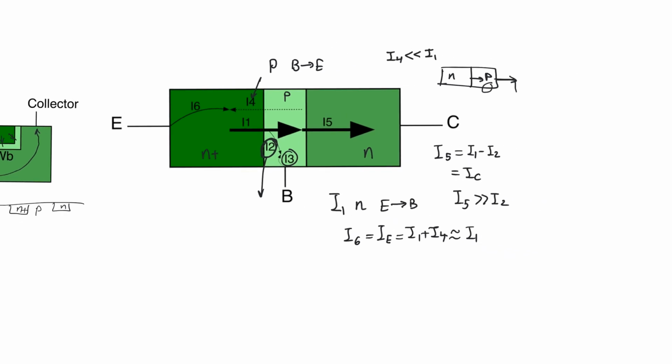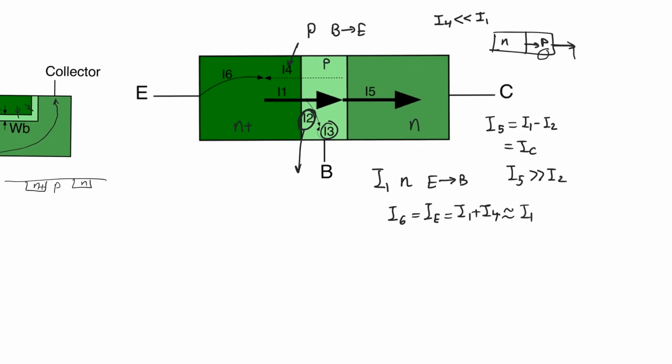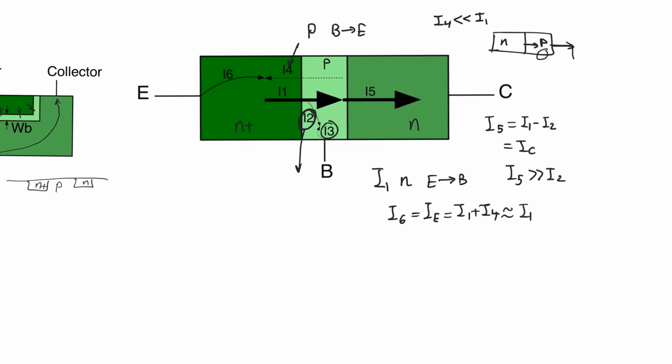So we can basically think of non-idealities of the bipolar junction transistor as I4, which is the opposite kind of charge flowing from the base into the emitter, and also I2 and I3, which form the base current, which is going to eat away from the collector current.